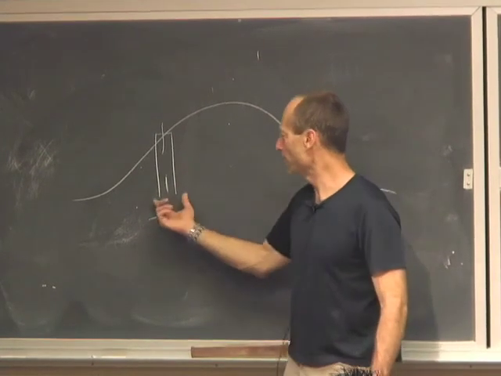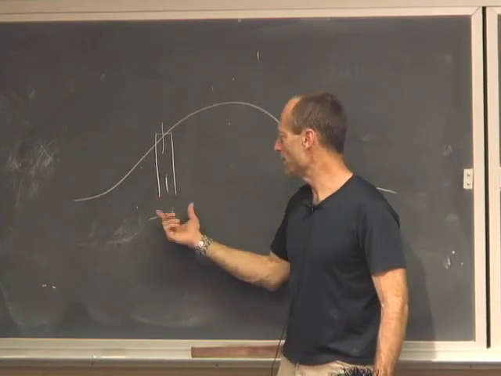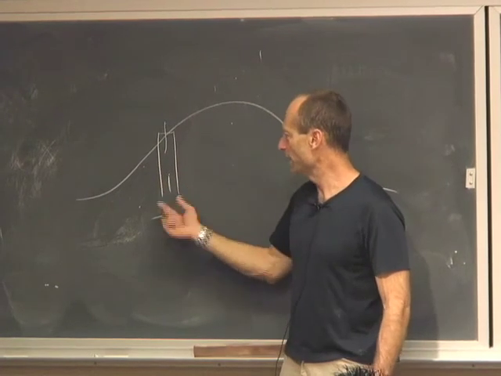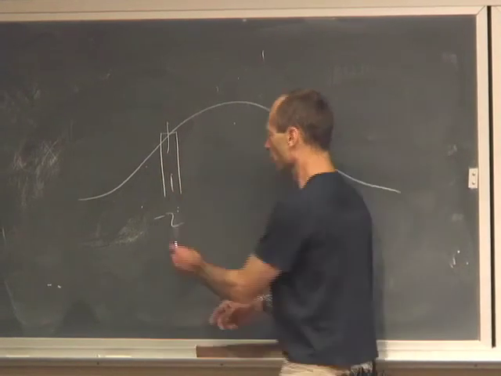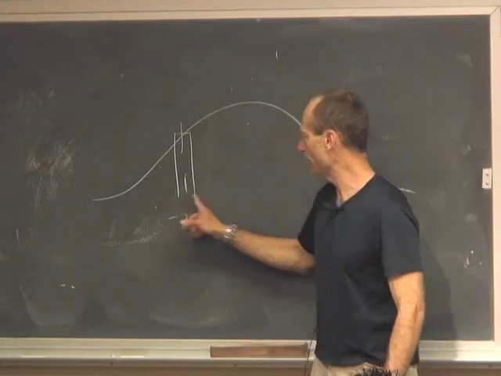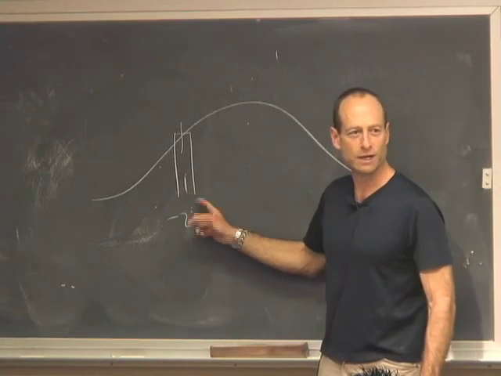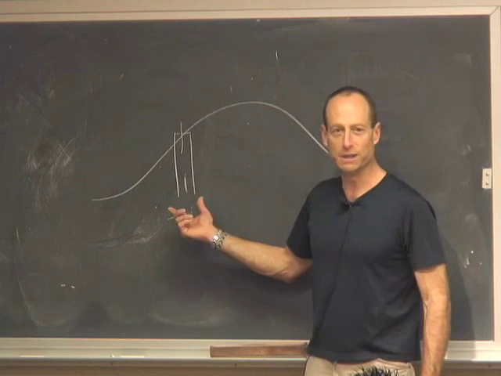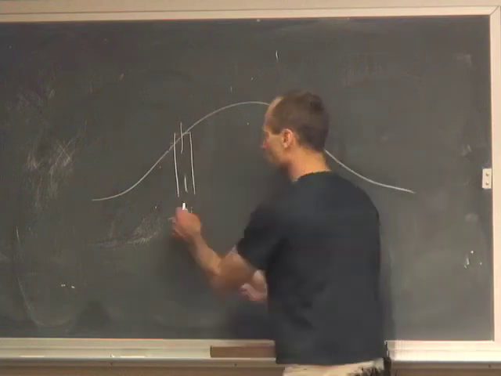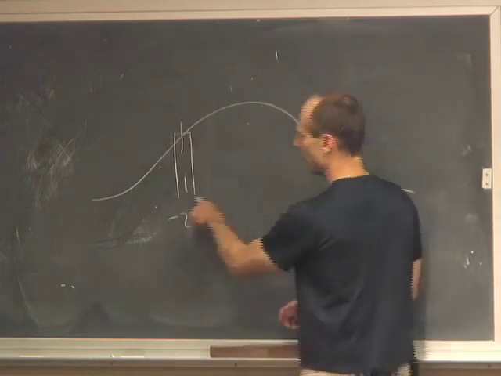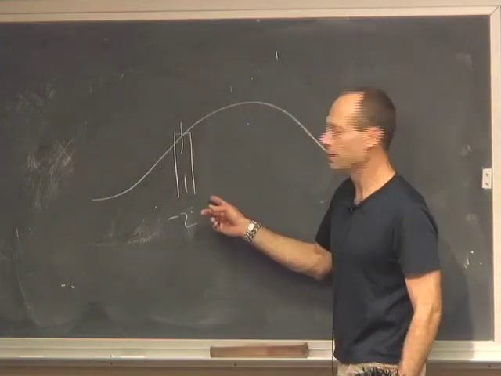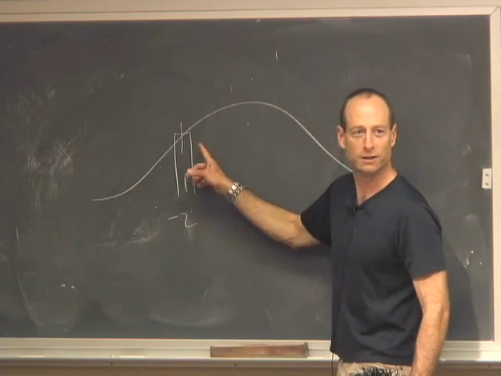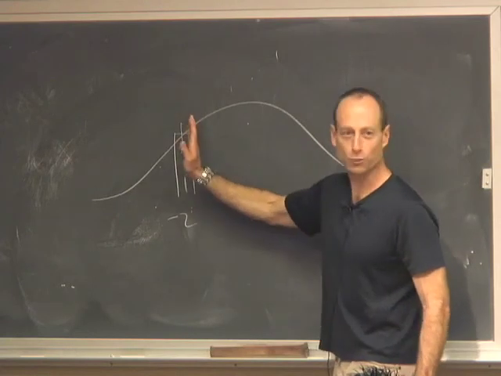So what I want to think about is the fact that if I have this random variable that can only take integer values, the bin that corresponds to minus 2 would go from minus 2.5 to minus 1.5. Right? It has some width. And I want to approximate the area of that bin. And so the area under the curve between minus 2.5 and minus 1.5 is going to be a better approximation to the area of that bin than simply taking the area under a point.